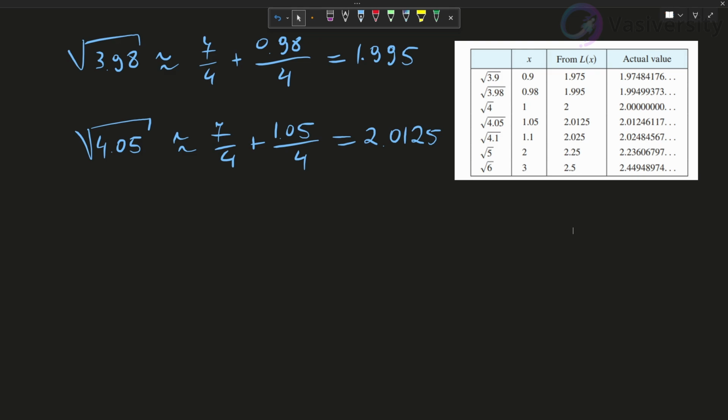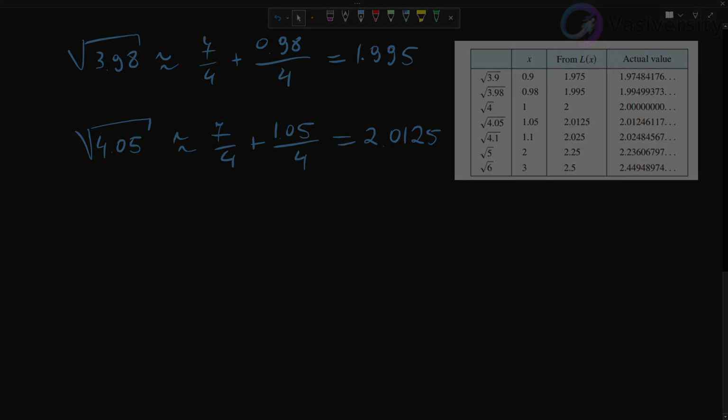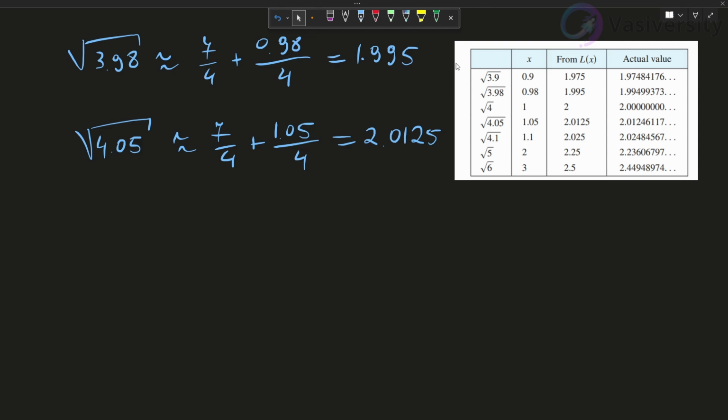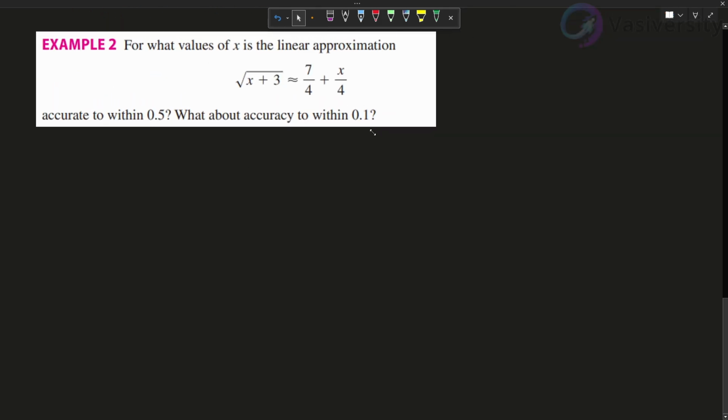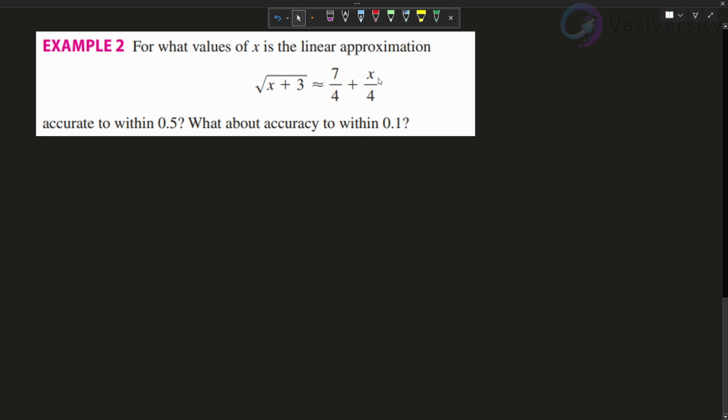So now what we can do is we can ask the following question. How accurate are our approximations? So for what values of x is the linear approximation that we found in the previous problem accurate to within 0.5? And what about accurate to within 0.1?